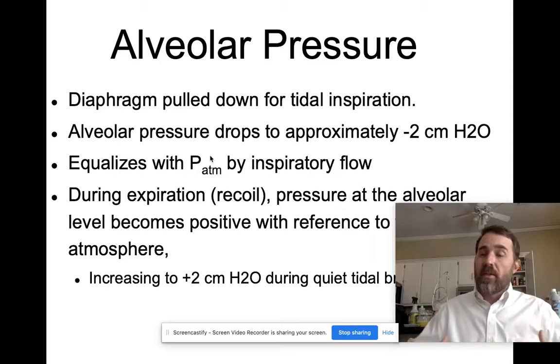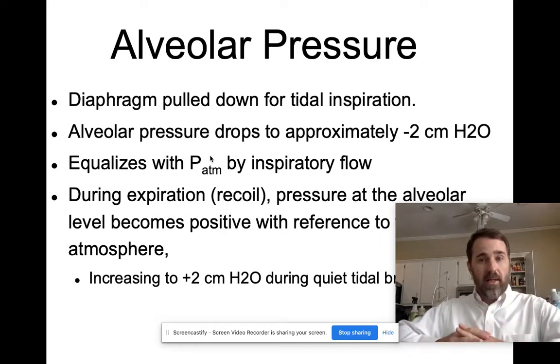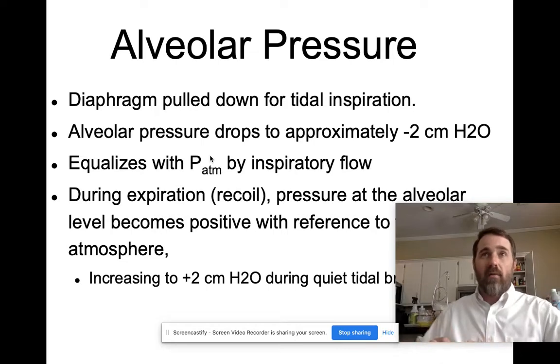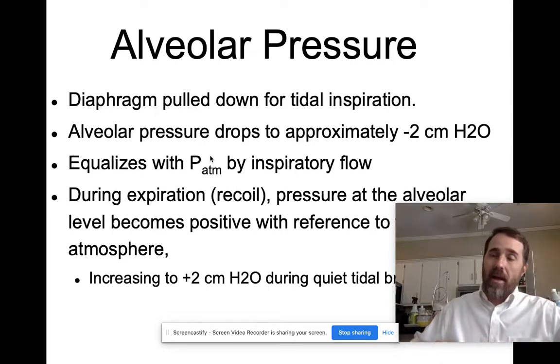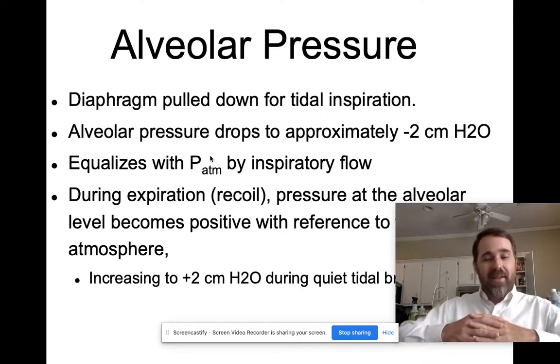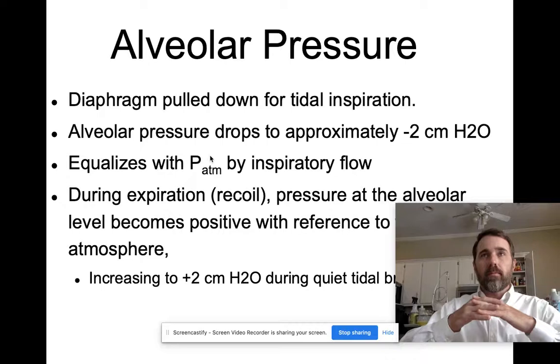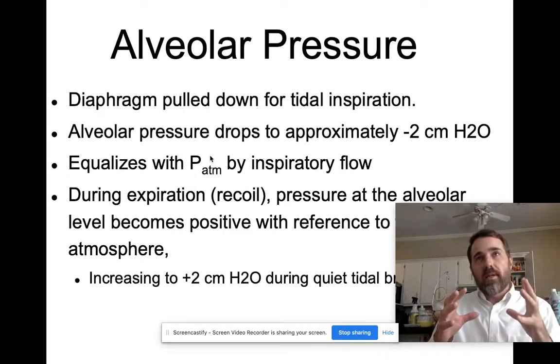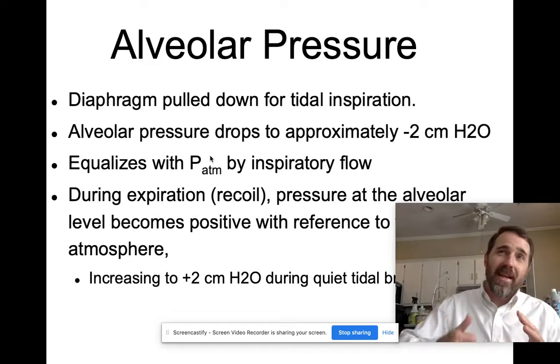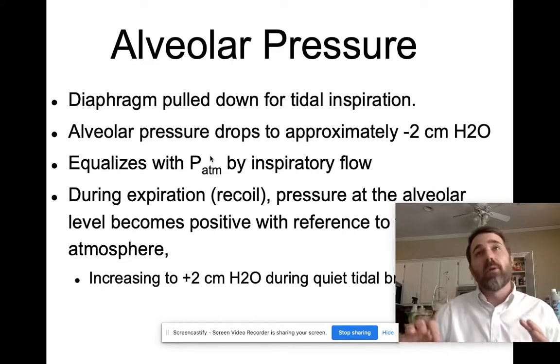And this continues until the diaphragm stops contracting, at which point you have a moment there where alveolar pressure equalizes with atmospheric pressure, and then the diaphragm will begin to relax and recoil back up into the thorax, which is going to decrease the volume of the lungs, which is going to increase alveolar pressure to +2, +3 centimeters of H2O above atmospheric pressure.